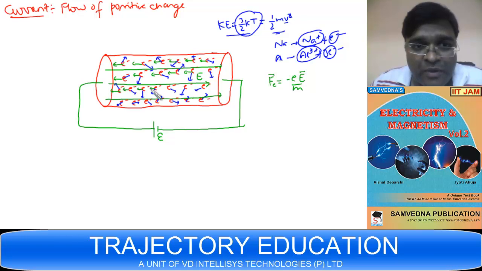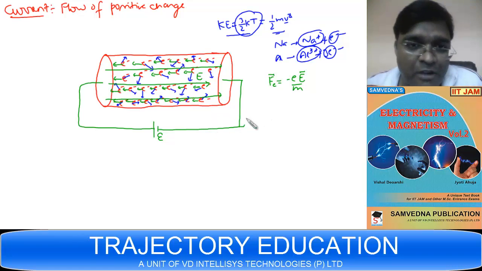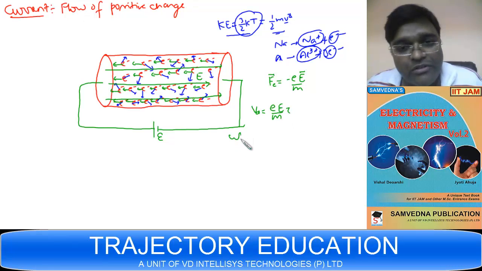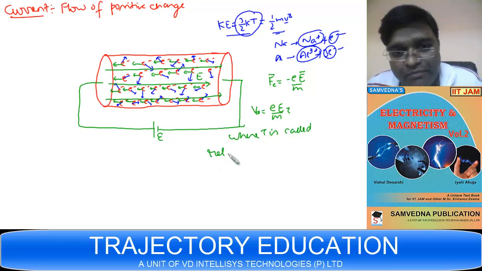Each electron experiences a force in the backward direction, and that generates a velocity which we call drift velocity. The drift velocity can be written as eE by m times tau, where tau is called the relaxation time.